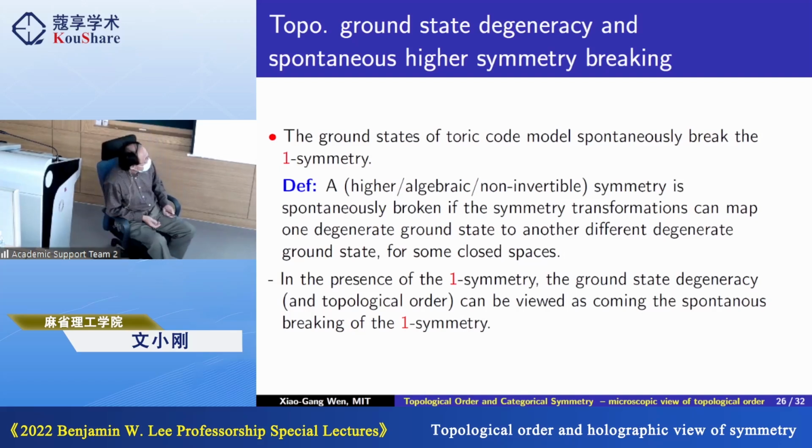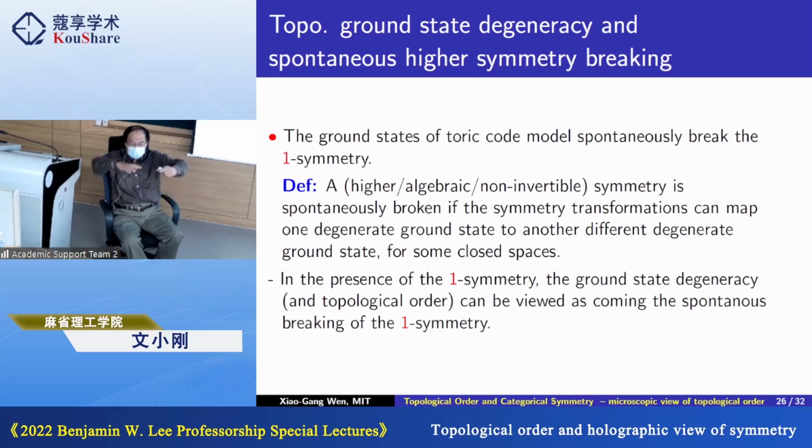And therefore, for the higher symmetry, the one-form symmetry, it is the same thing. The symmetry transformation, this loop wrapping the whole system, can map one ground state to another ground state. But there's one subtlety: we have to allow space to have some topology.